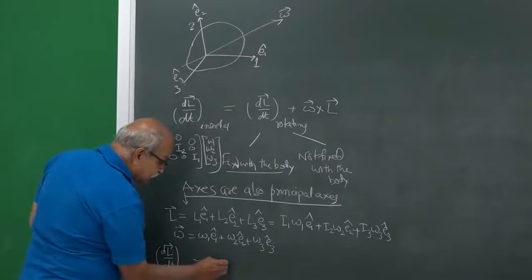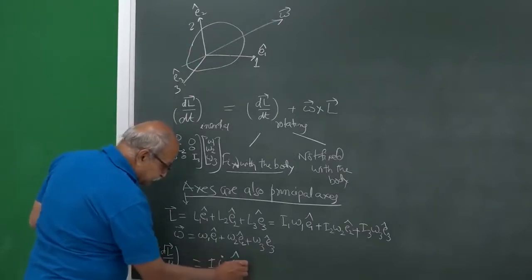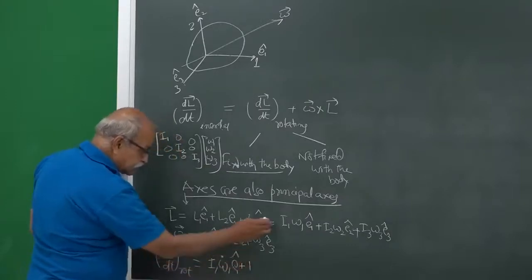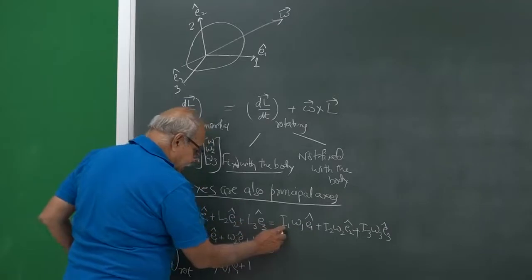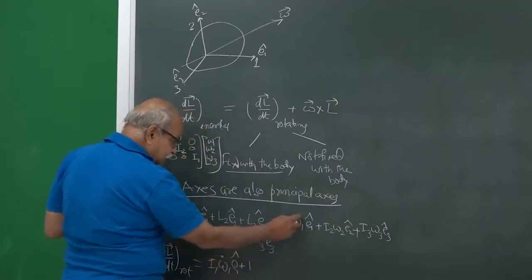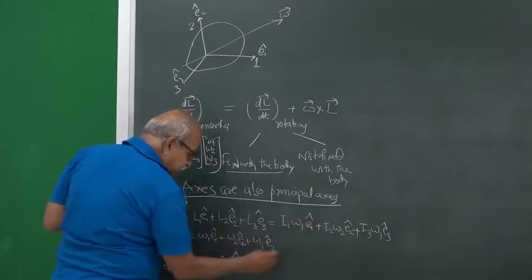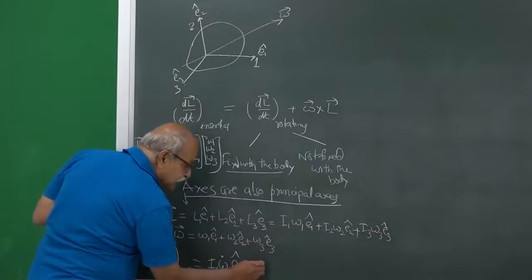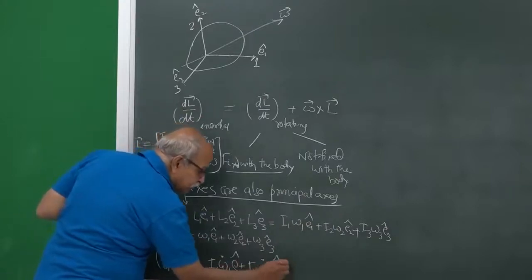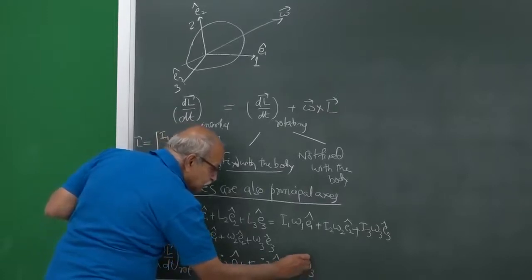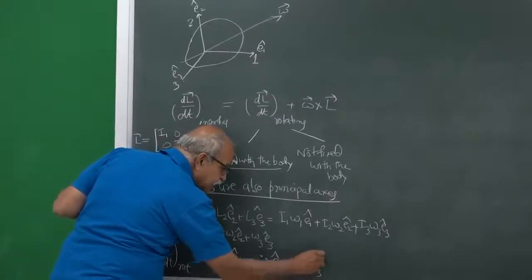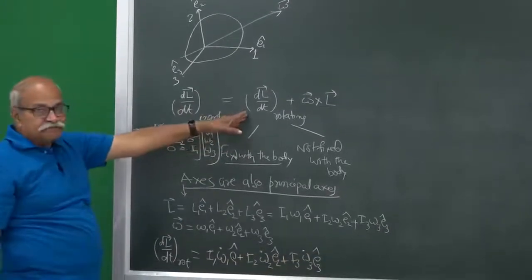So, dL/dt is I1 omega 1 dot E1 cap plus I2 omega 2 dot E2 cap plus I3 omega 3 dot E3 cap. This is the first term.